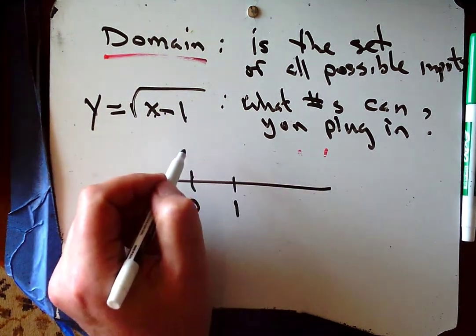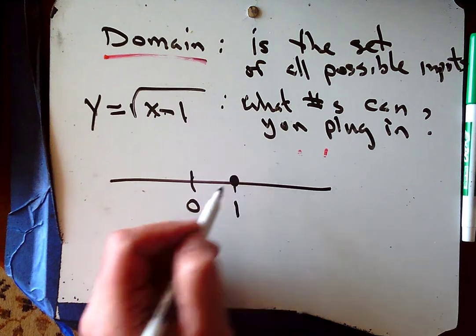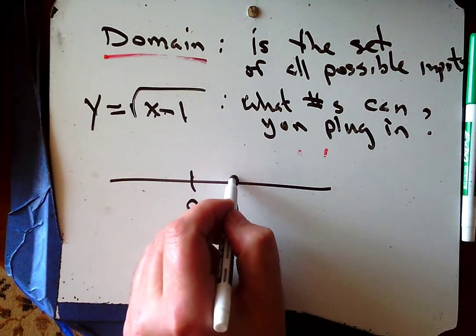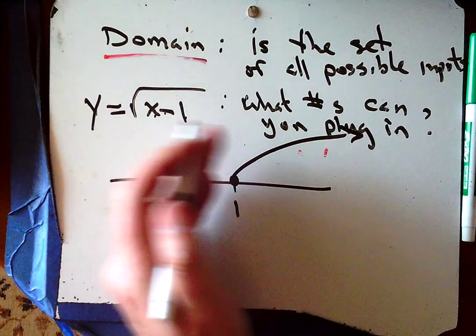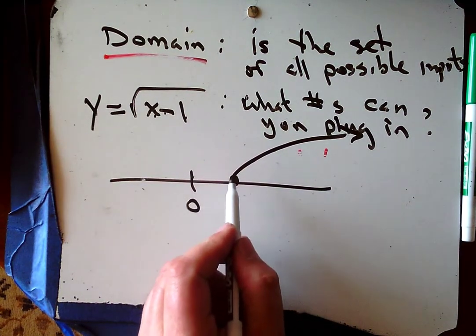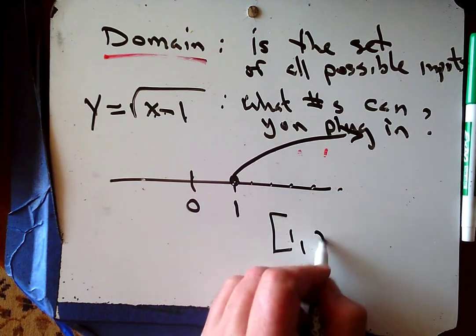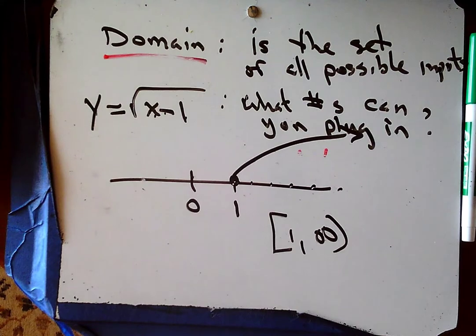Can I plug in a 1 there? Yes, 1 minus 1 is 0, and the square root of 0 is 0, so this works. Even if we just think about the graph shifted over 1, we can see that the domain starts here and goes over. And so I would have [1, infinity) again.